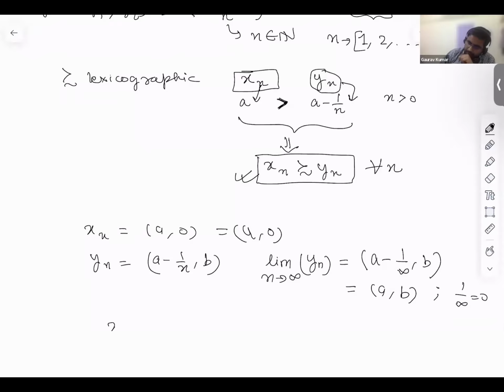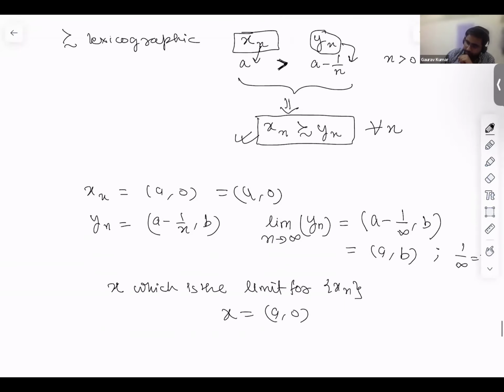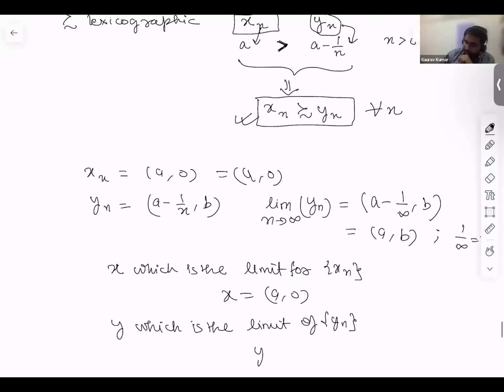So x, which is the limit of the sequence x_n, is equal to (a, 0), and y, which is the limit of the sequence y_n, is going to be (a, b).